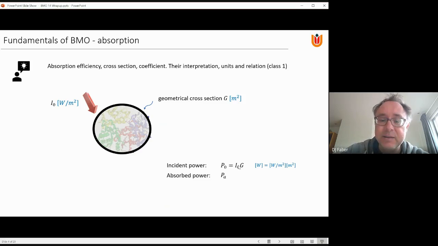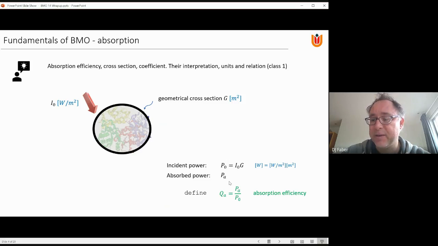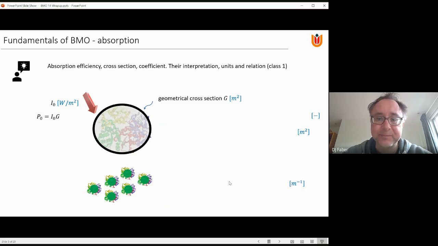The absorbed power is whatever gets lost through absorption by the molecule, and with these two numbers, we define the absorption efficiency as the ratio of absorbed power and incident power. So it is a dimensionless number and simply tells you how efficient the molecule is in absorbing light. The rest of the light is just passed on.